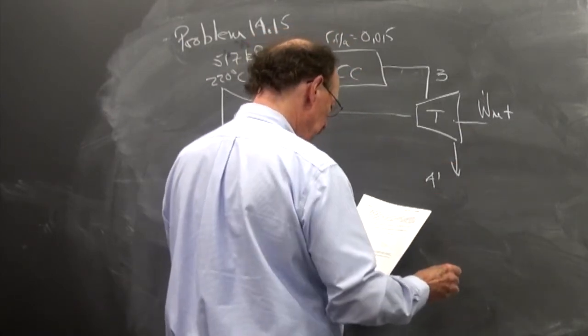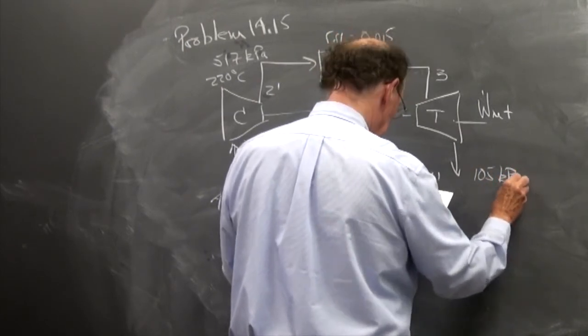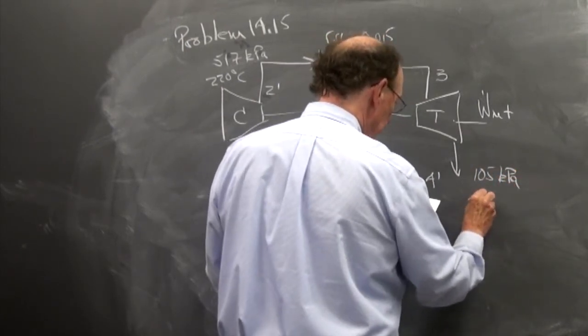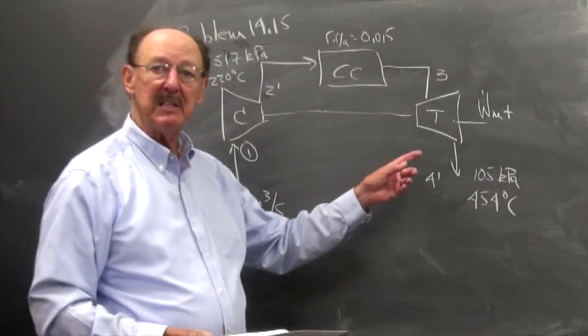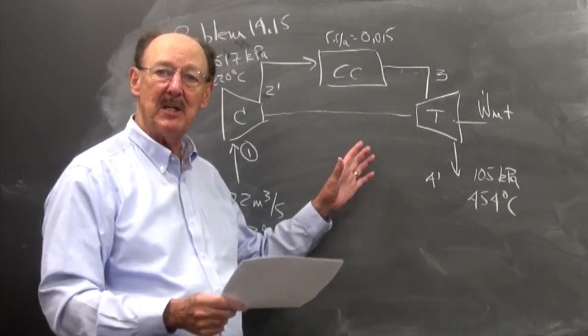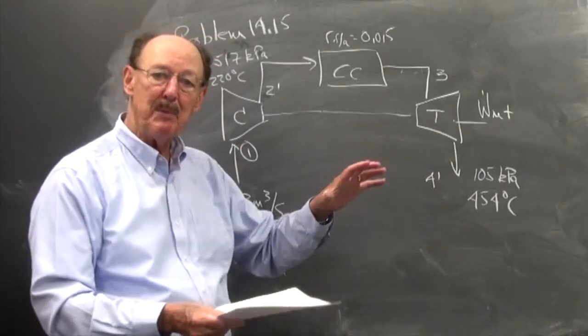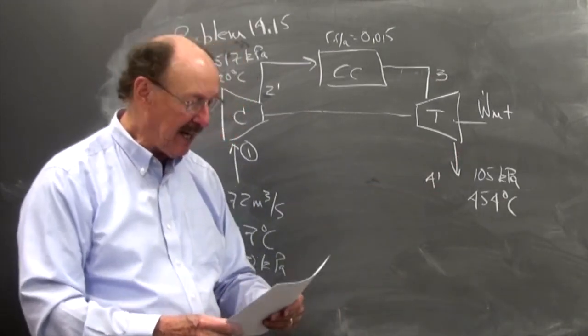And 4 prime is 105 kPa and 454 degrees C. Notice that the exit pressure is a little higher because often on industrial units you have an exhaust stack or exhaust pipe you have to go through, and it has to be a little bit higher than atmospheric pressure for that to happen.